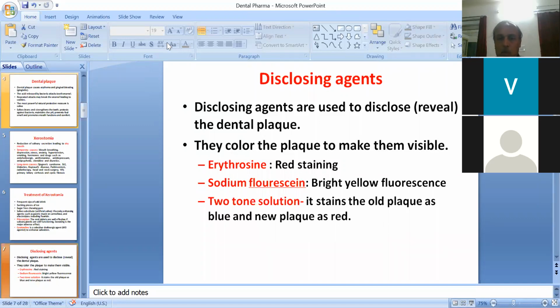Then nowadays the two-tone solutions are also available. Two-tone solutions stain the old plaque as blue and new plaque as red. So we are able to differentiate whether the plaque is old or newer by the two-tone solution that stains the old plaque as blue and new as red. So that is also a disclosing agent.